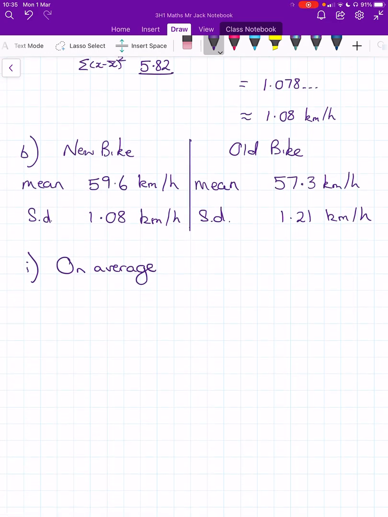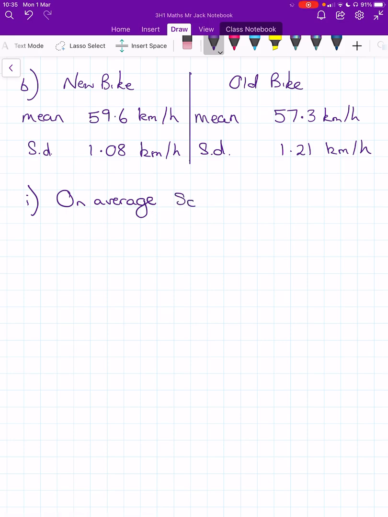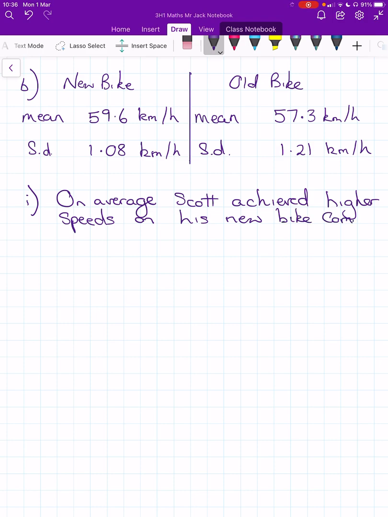On average, Scott achieved higher speeds on his new bike compared to his old bike. Okay, so just think about that for a second.